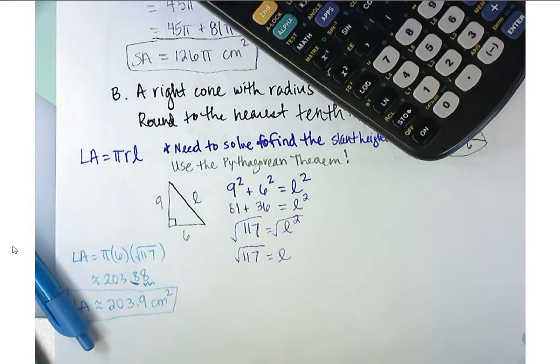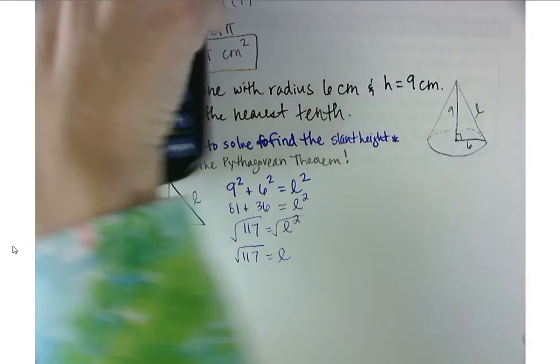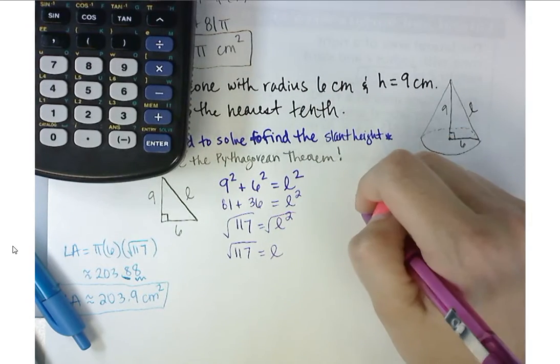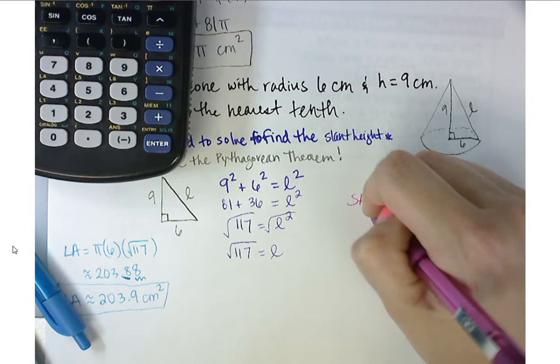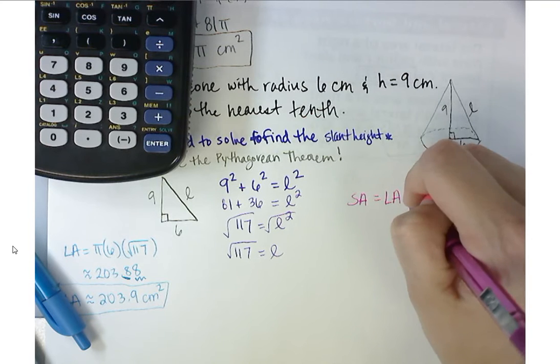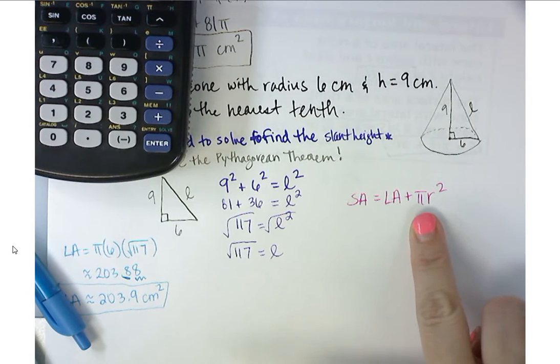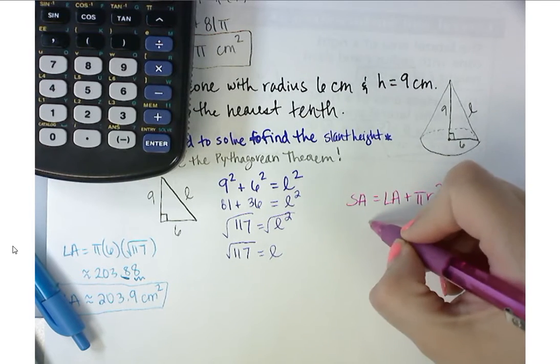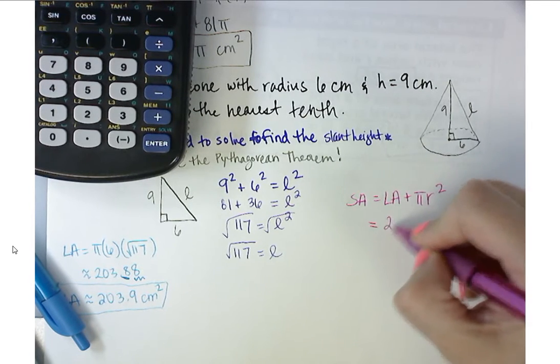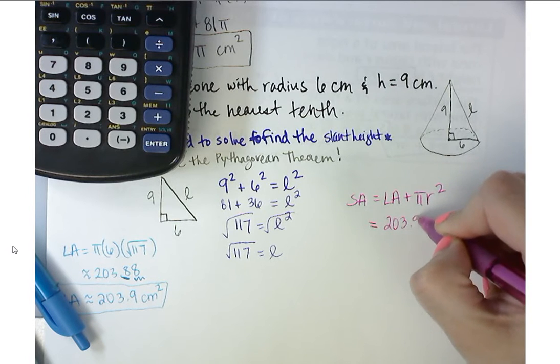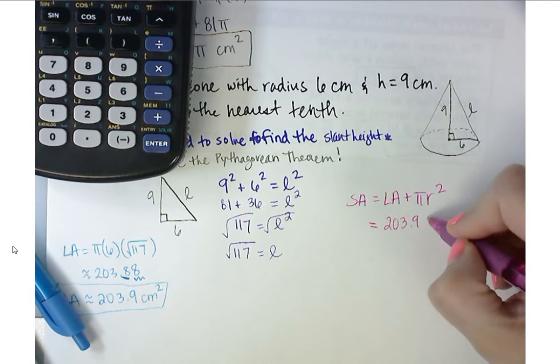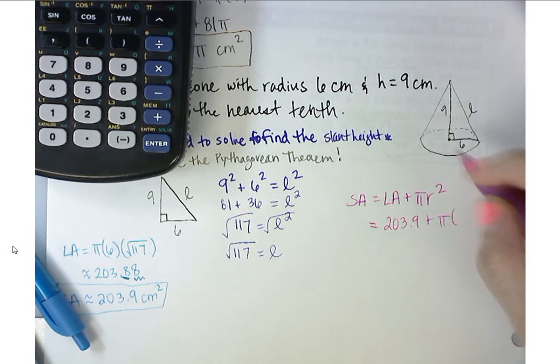And then I'm going to find the surface area. To find the surface area, I'm going to do the lateral area plus pi r squared, because that's the base area. So I'll get 203.9 from my previous work, and then my radius is 6.